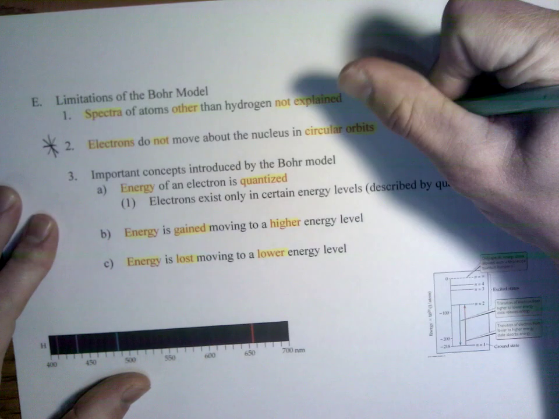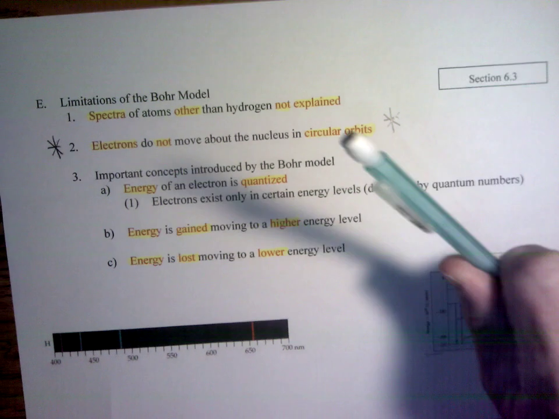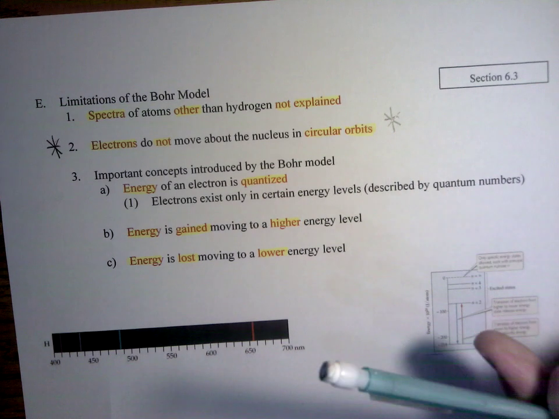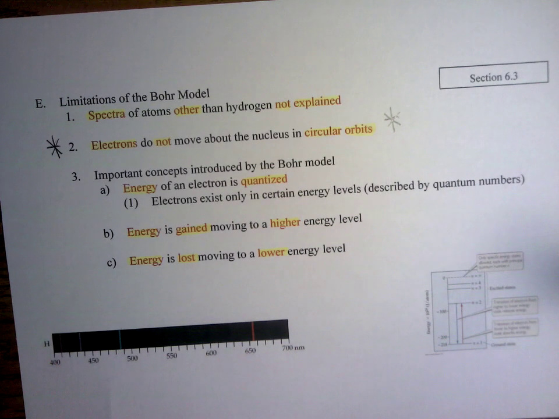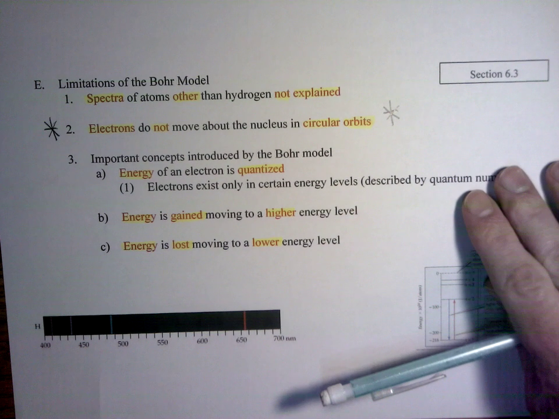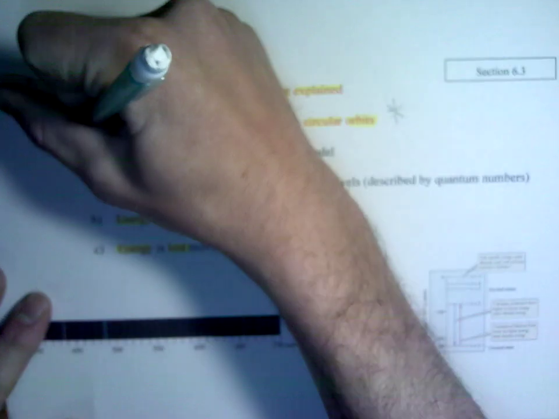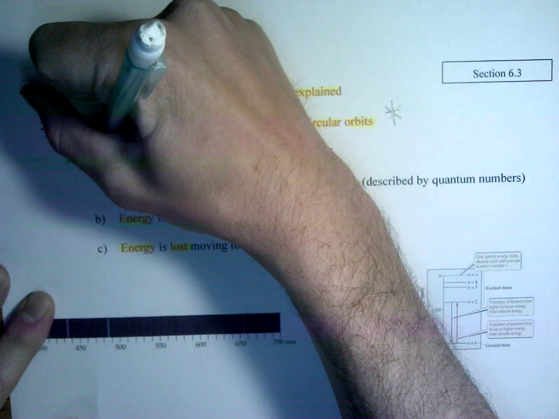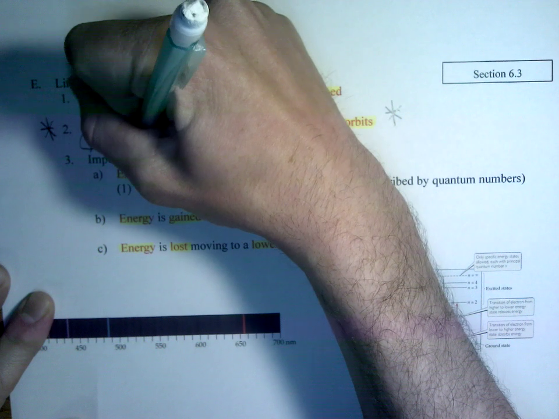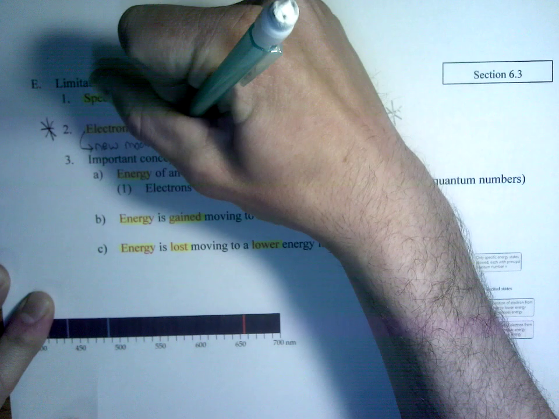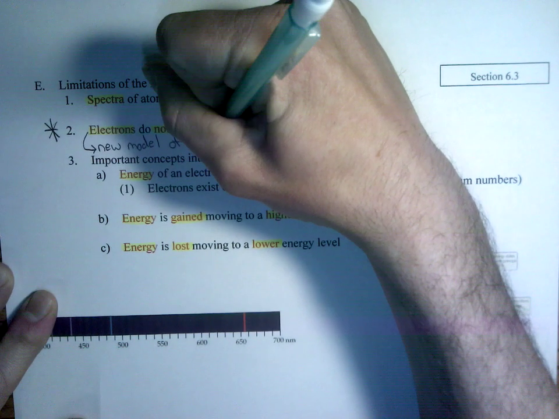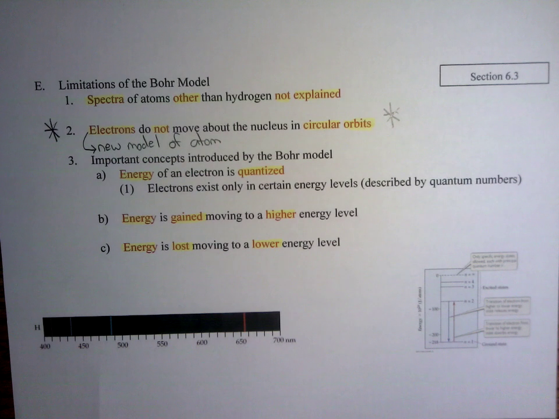What this does, the information about light and Bohr's model says, hey, electrons do not move in circular orbits, okay? Really what this is saying here, we need a new model of the atom. This is too old school, and it can't explain what we know about light, which we can help explain about electrons.